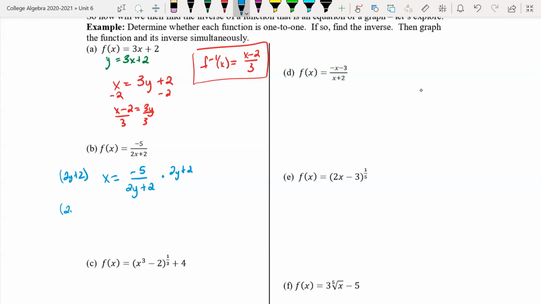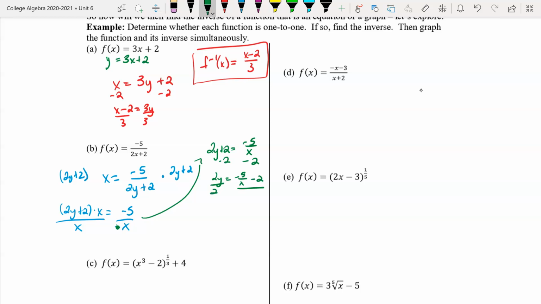So I'm going to say 2y plus 2 times x equals negative 5. I'm going to then divide by x. So then I have 2y plus 2 equals negative 5 over x. I'm going to subtract 2. I'm going to divide everything by 2.